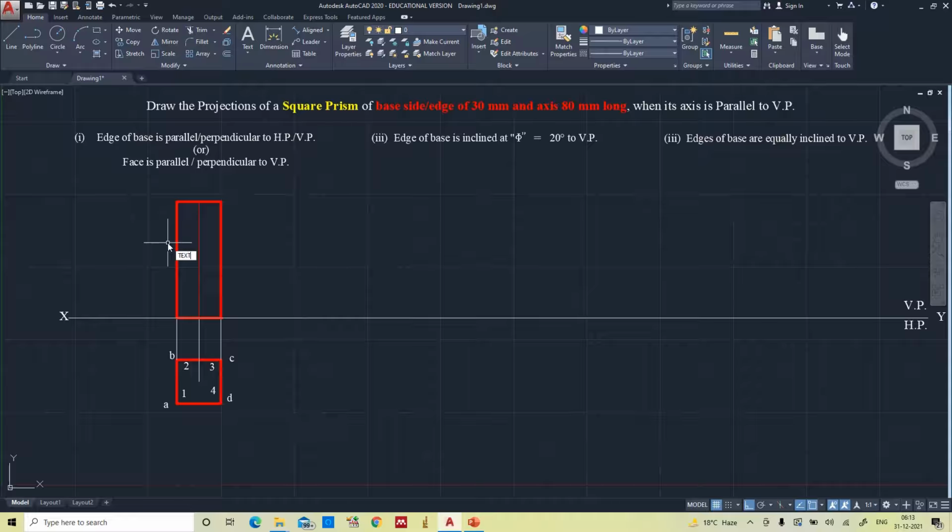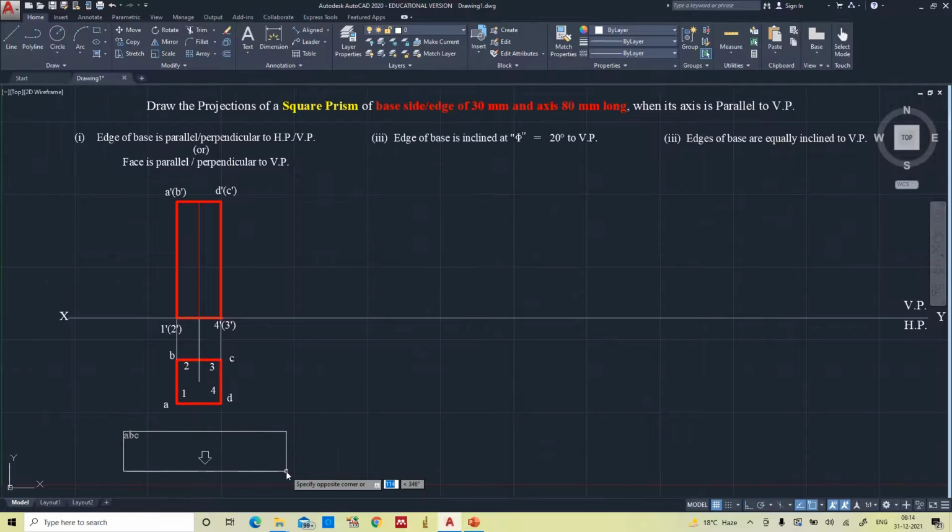Okay, we'll give the notations for the front view now. So as I said, A is visible, B is invisible. A dash of B dash. Coming to the bottom base, 1 is visible, 1 dash of 2 dash. And here D dash of C dash. And here 4 dash of 3 dash. That's it.